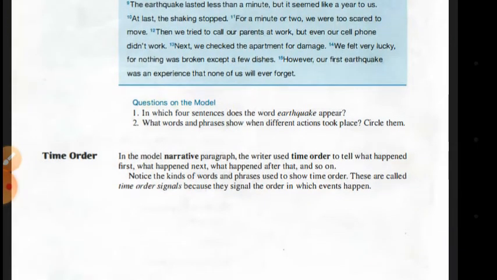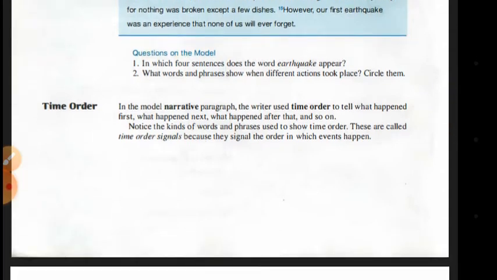So what's the time order? In this model, which is called a narrative paragraph, the writer used time order to tell what happened first, what happened next, and what happened after that, and so on. Note the words and the phrases used to show time order.